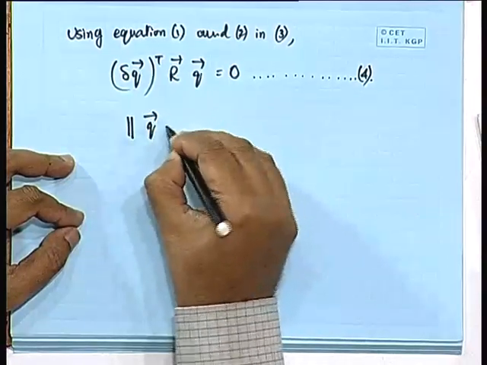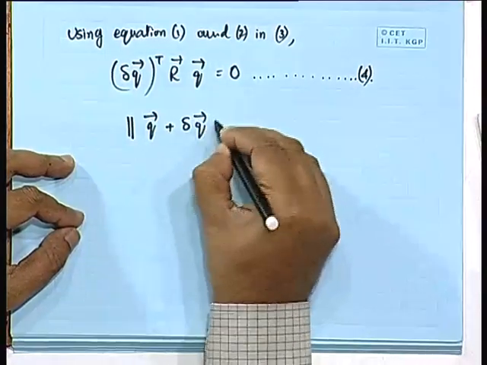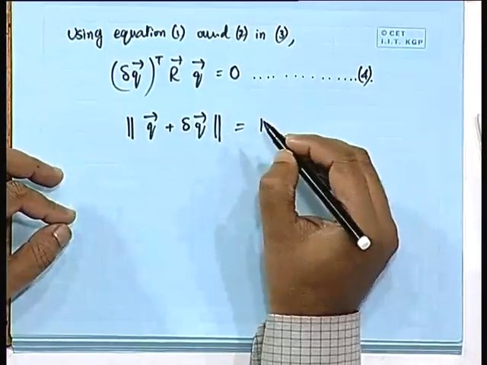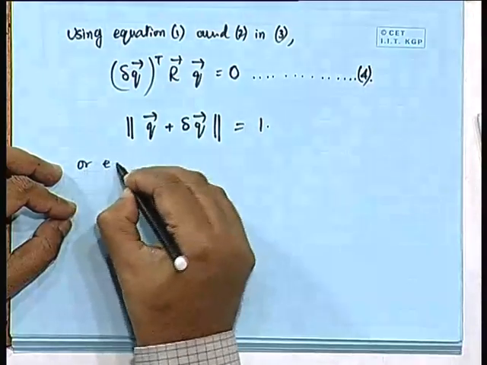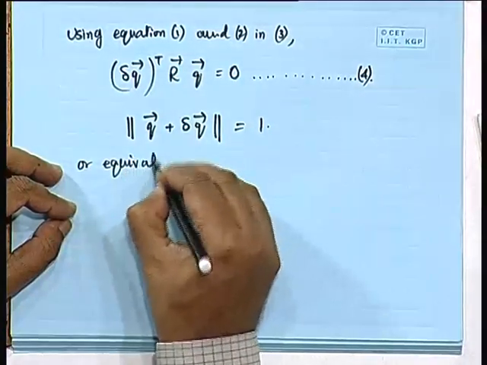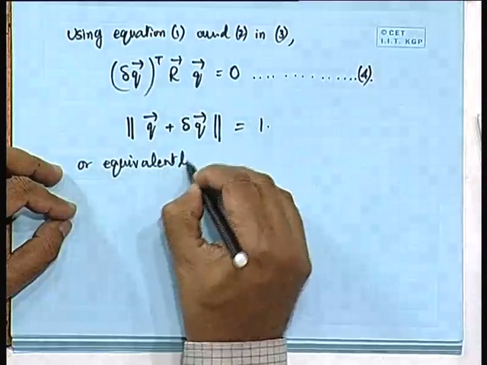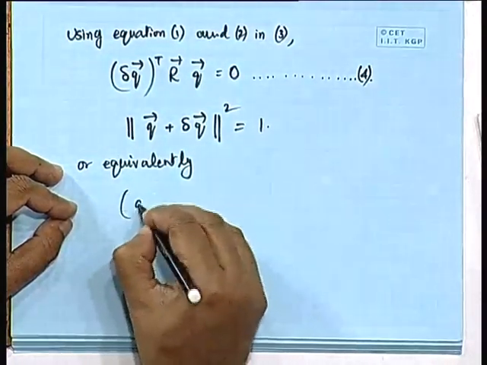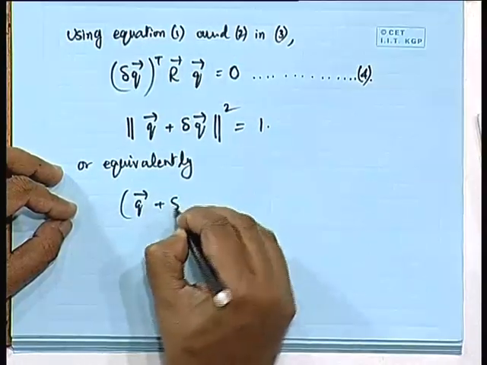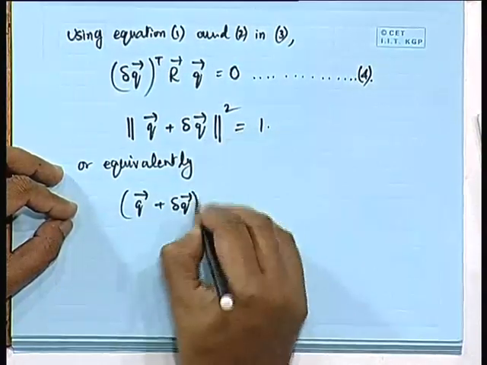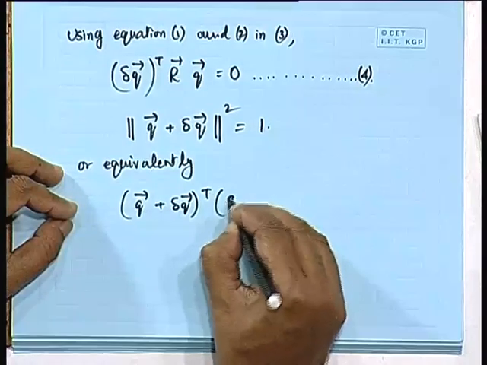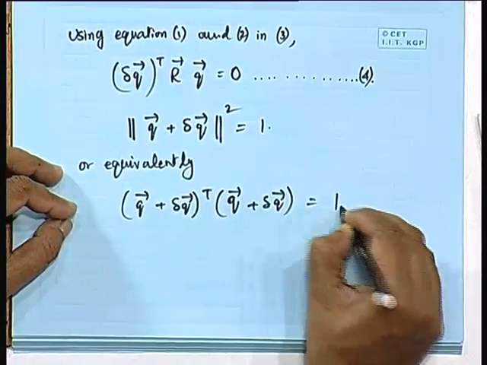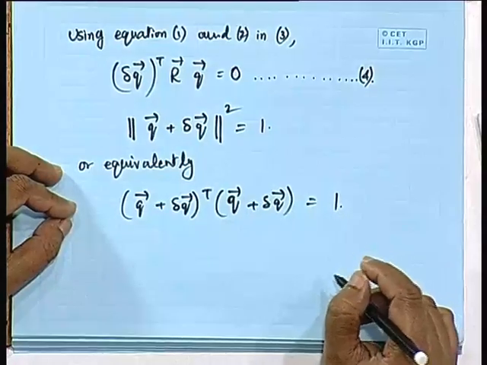So the Euclidean norm of q plus delta q should be equal to 1, or equivalently, we can express it as the square equal to 1. In that case, q plus delta q transpose times q plus delta q should be equal to 1.